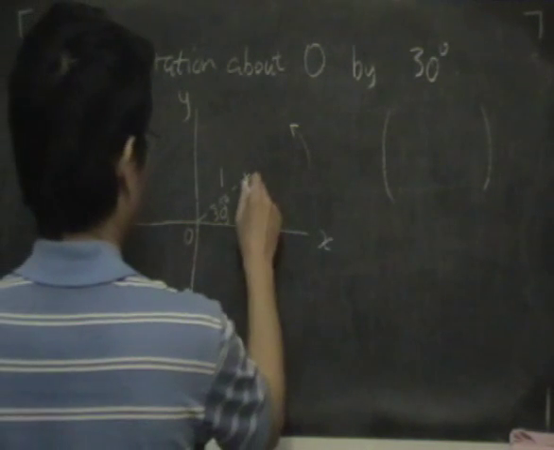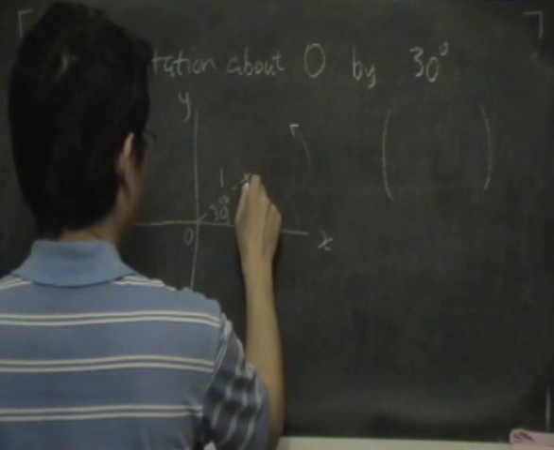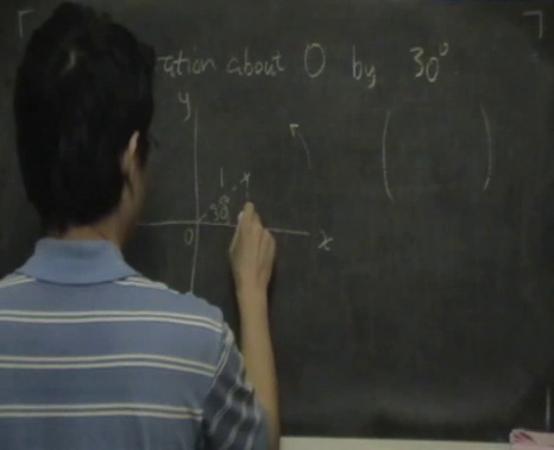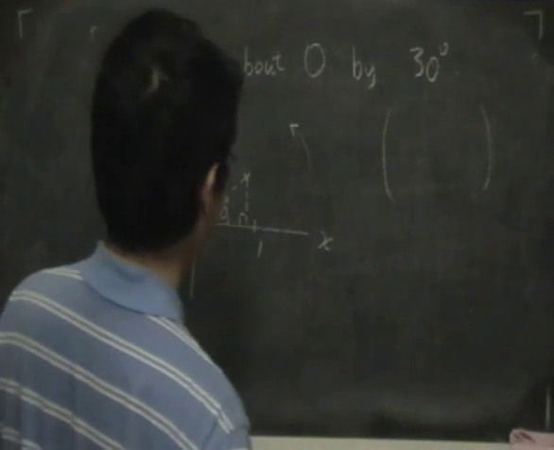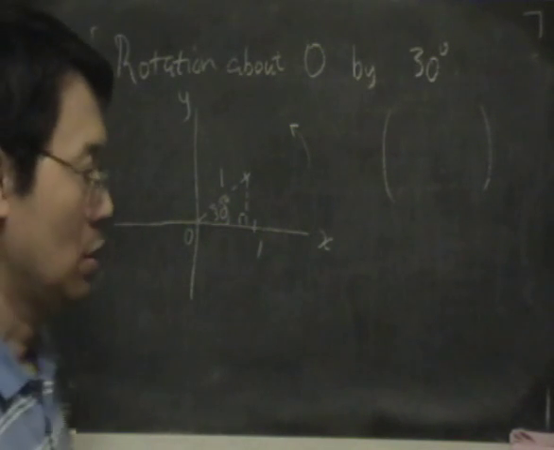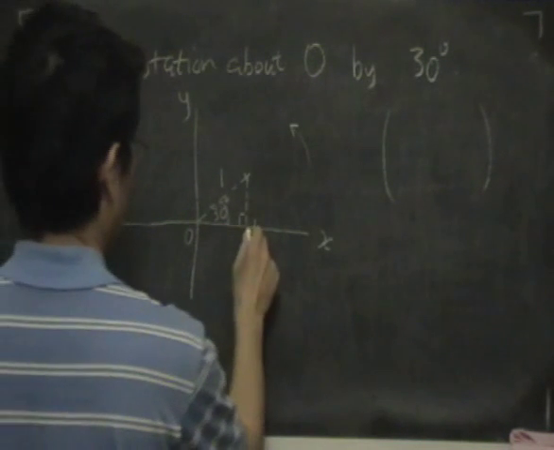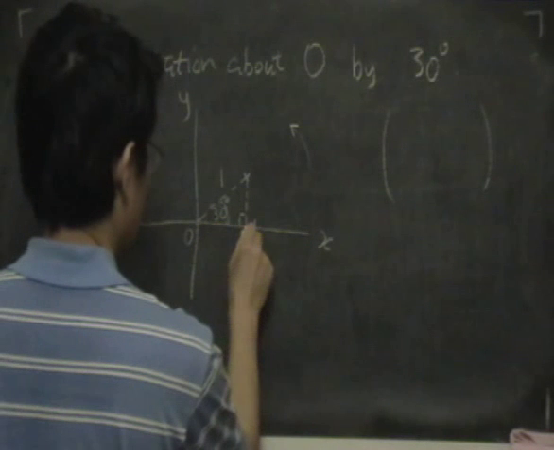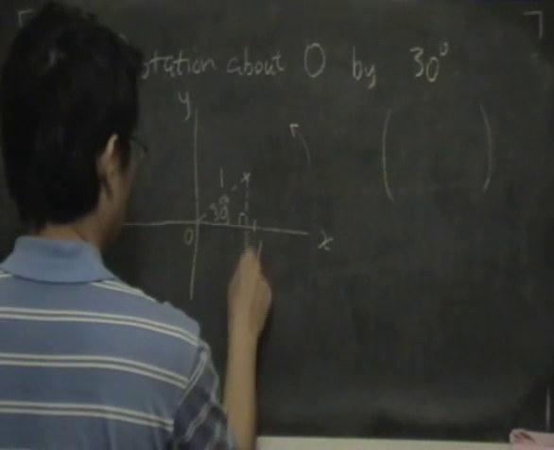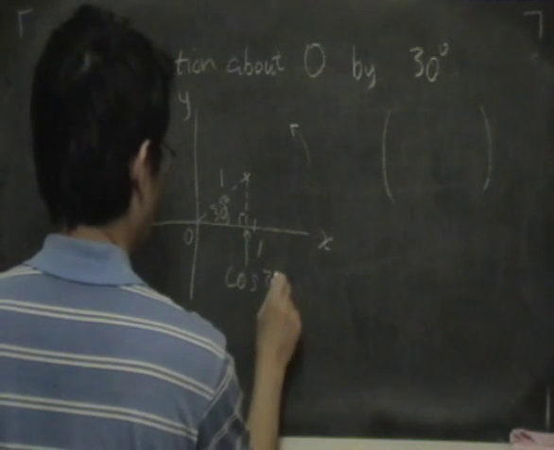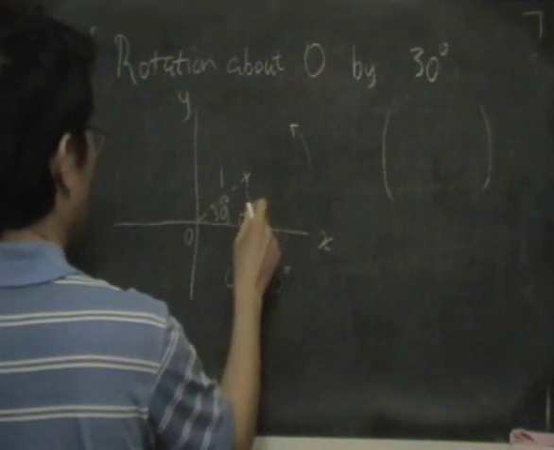So to find the x and y value, I drop a perpendicular to the x-axis. And from trigonometry, we know that the length of this is cosine 30 degrees. So that position must be cosine 30 degrees.